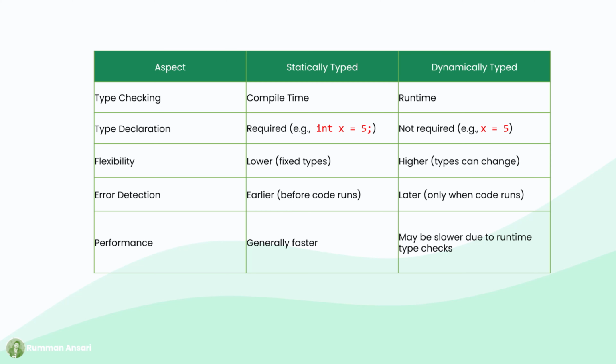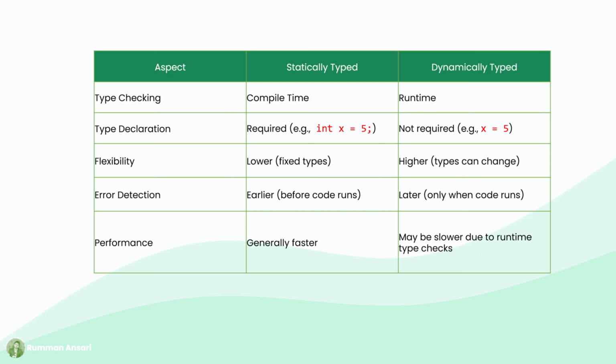At compile time you will get the error if you missed the data type of a variable. But in dynamically typed language, it will show at runtime, or you can say later, only when the code runs on the CPU or the processor. If we talk about performance, it's generally faster in statically typed, and dynamically typed language may be slower due to the runtime type checks.